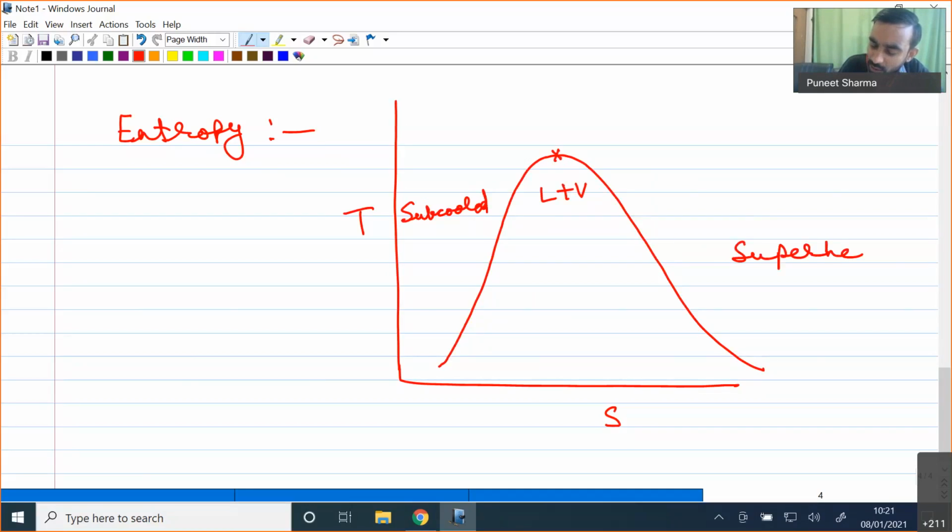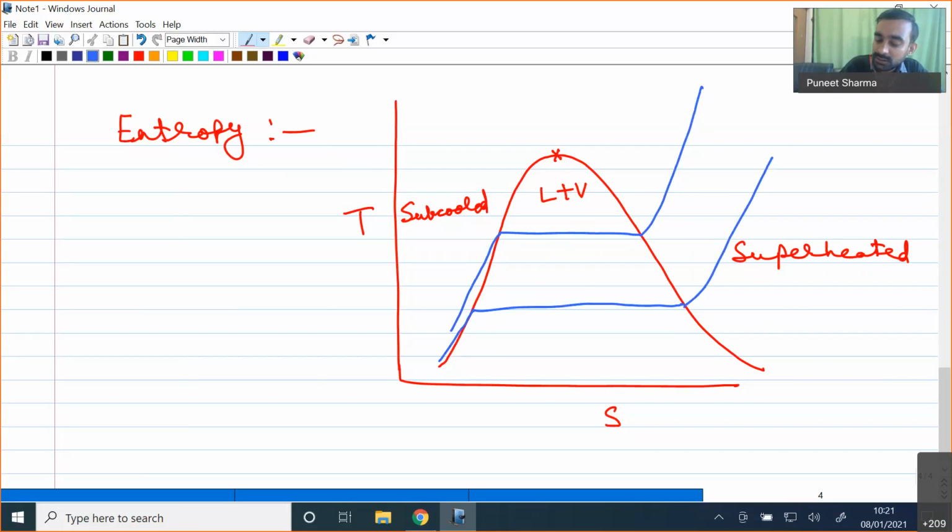Now on this diagram, if I plot the constant pressure lines, they look something like this. These are my constant pressure lines on the TS diagram. Say this is pressure P1, and this is pressure P2, which is greater than P1. Then if I plot the constant specific volume line on this diagram, it looks something like this.